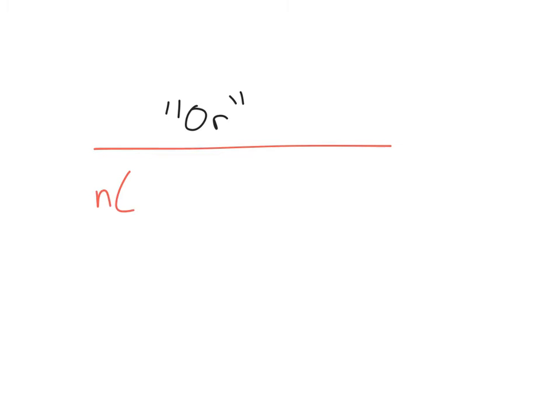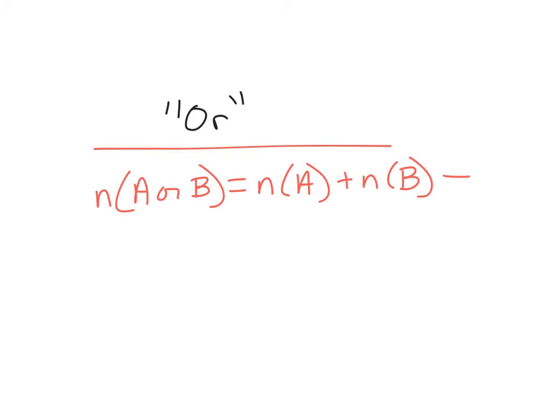The number of ways event A or event B can occur is equal to the number of ways event A can occur plus the number of ways event B can occur minus the number of ways event A and B can occur. So in other words, you add them together like we just did, but then you got to subtract out the ones who have done both because they've been double counted.